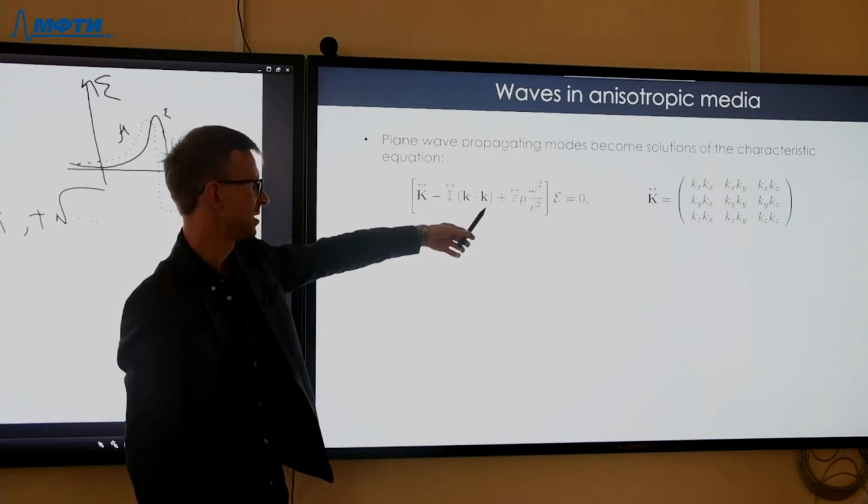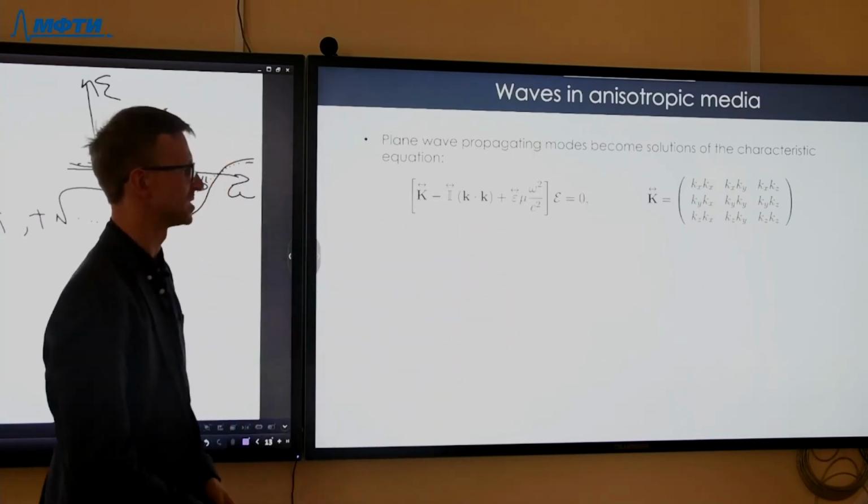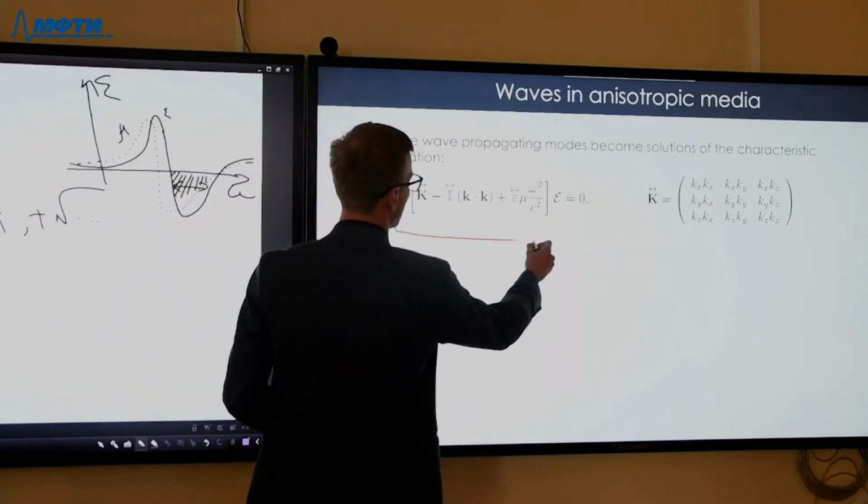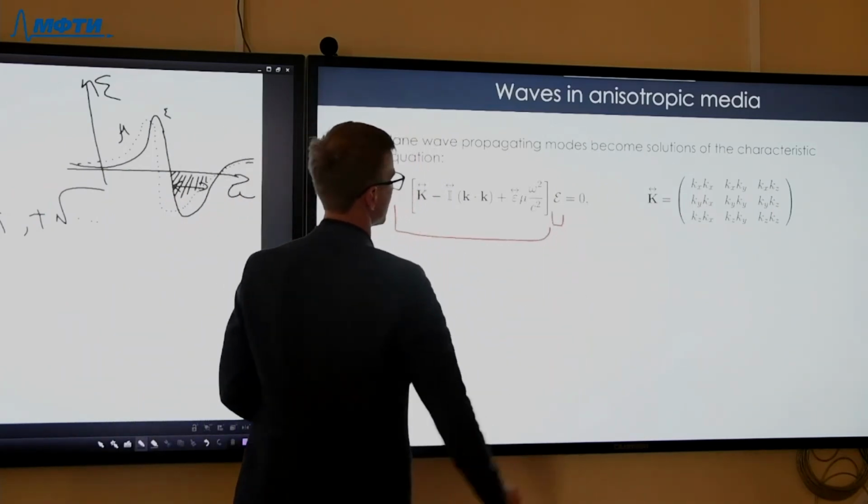Then we have the dot product and we have the permittivity. And this is the central equation that allows us to determine the dispersion of plane waves in any anisotropic medium. So this is quite similar to an eigenproblem for a linear operator. This is our linear operator, and this is our eigenvector that we want to determine.